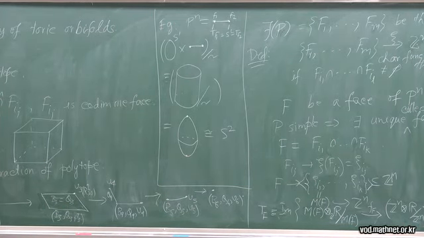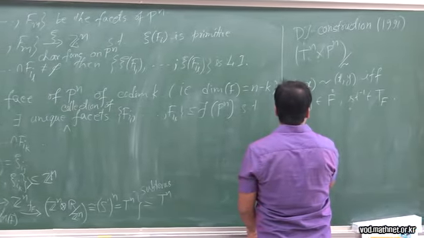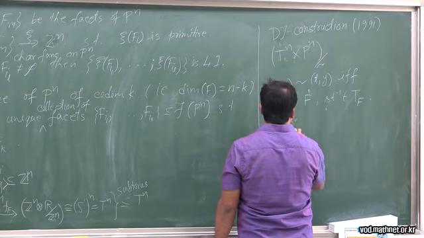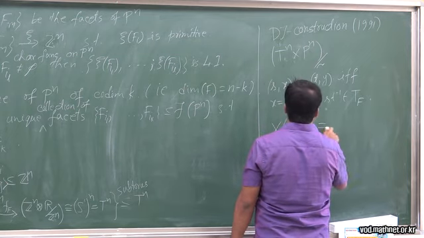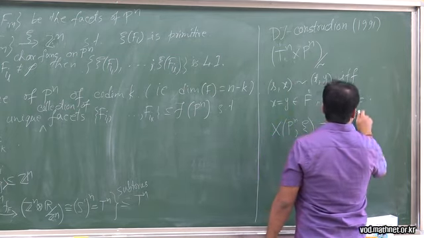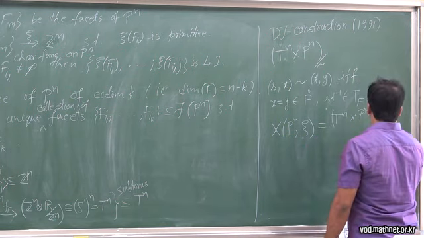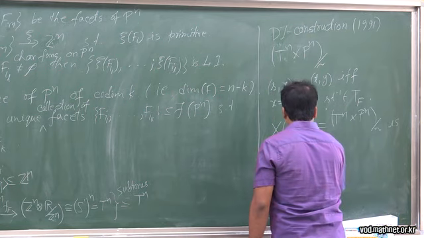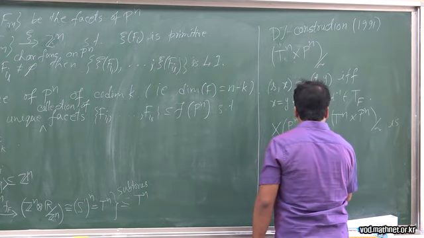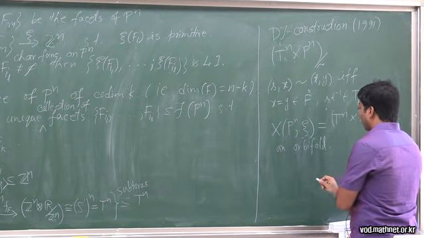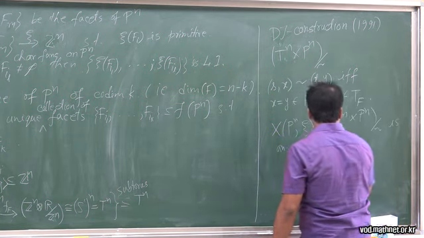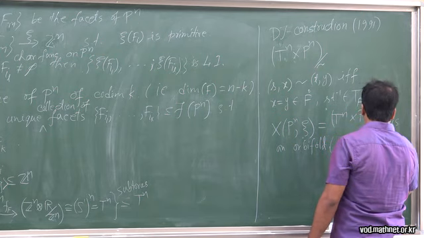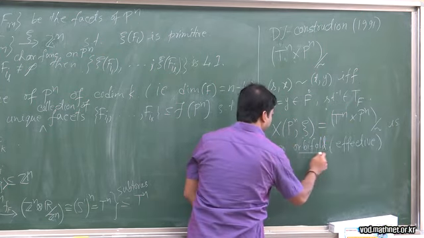And it turns out that what we can show, this we will denote by X, P n chi, equal to Pn cross Pn, is an orbifold. Actually here, an effective orbifold we can say.